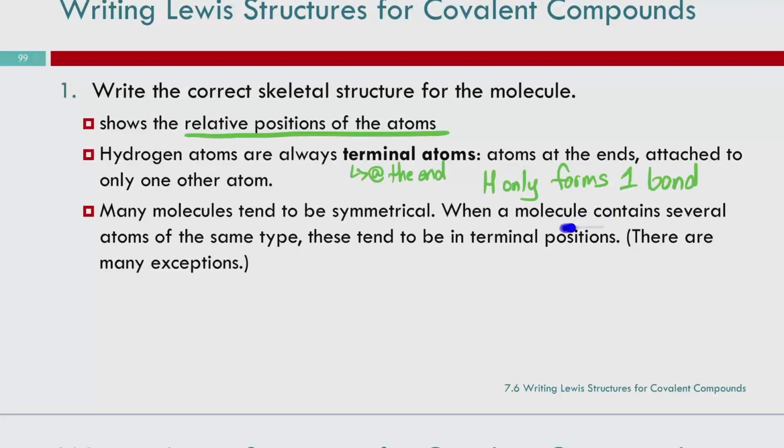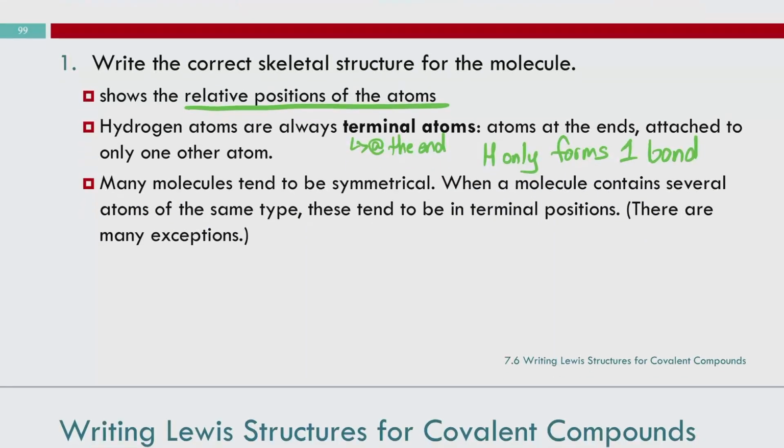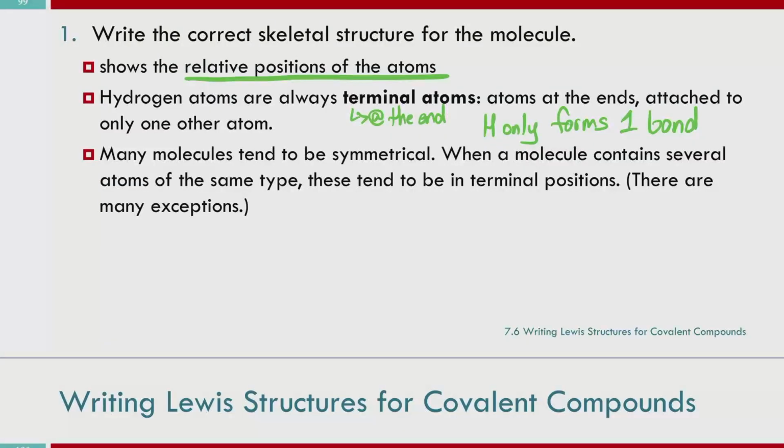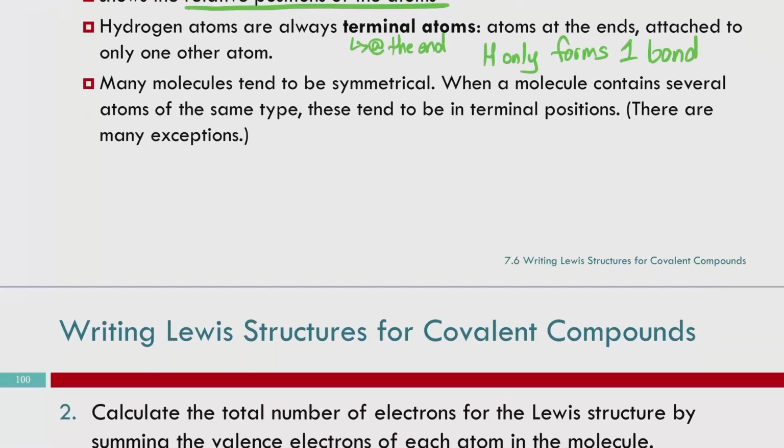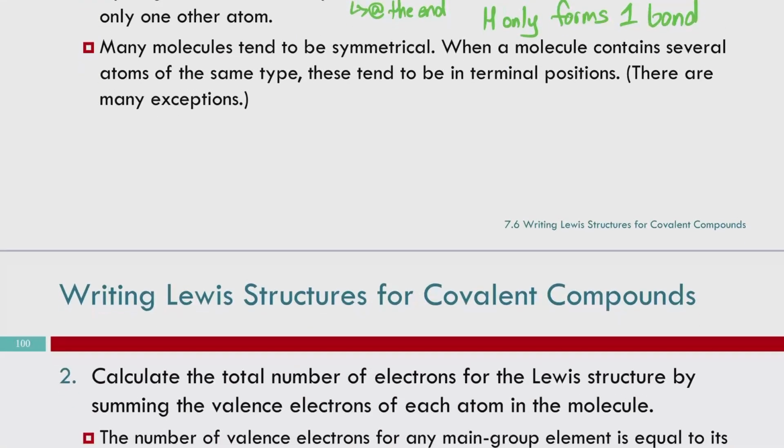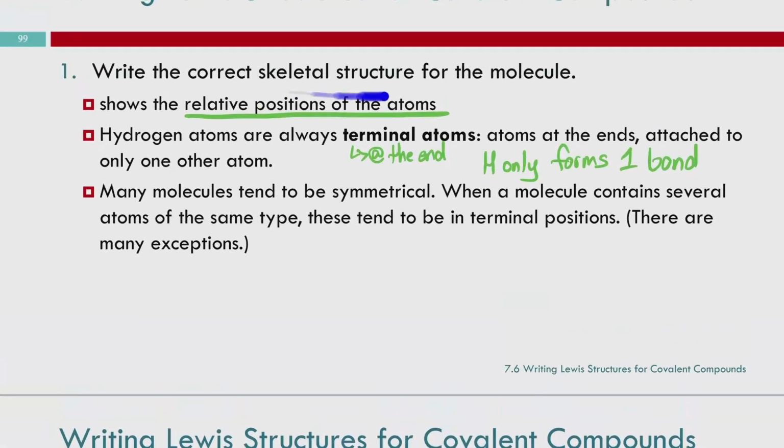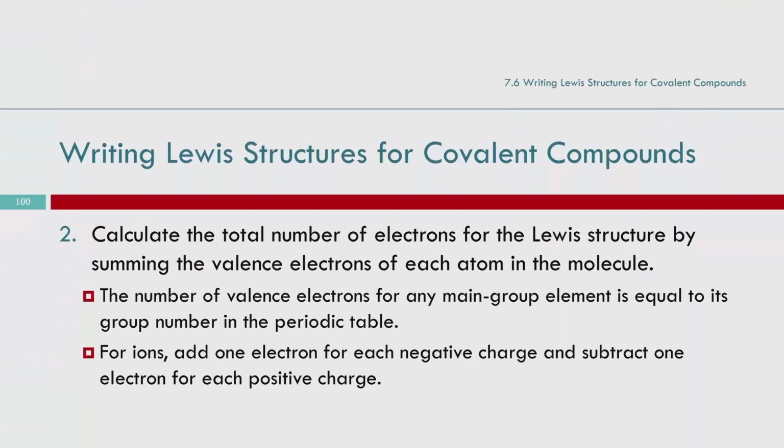So when a molecule contains several atoms of the same type, they will tend to be in mirrored positions, oftentimes terminal positions. There's lots and lots of exceptions. We're going to have to experience it, we're going to have to practice it to figure out how it works. Sometimes I'll just give it to us. So starting out, we just want where are the atoms? Put their symbols in, try to make them look nice, try to make it symmetrical.